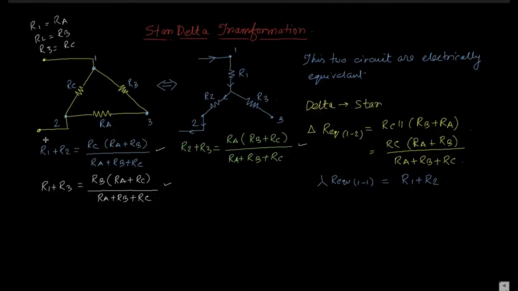So when 1 and 2 are present, R3 is not present, so here you write RC. When 2 and 3 are present, R1 is absent, R1 corresponds to RA, so RA is present over here. And when 1 and 3 are present, R2 is absent, R2 corresponds to RB, so RB is written over here. Did you get my point?